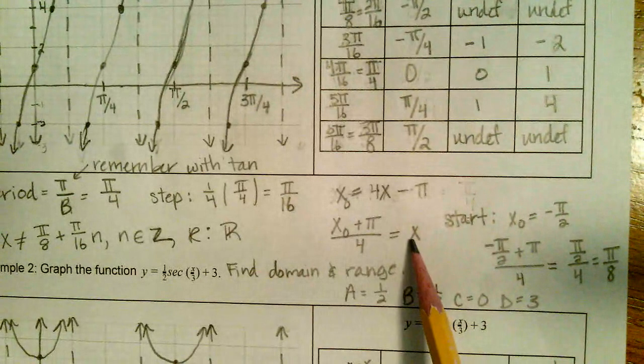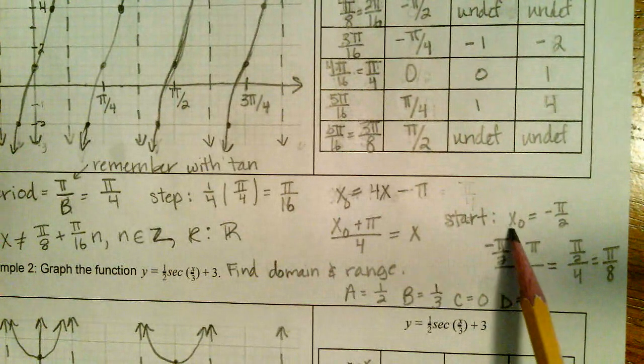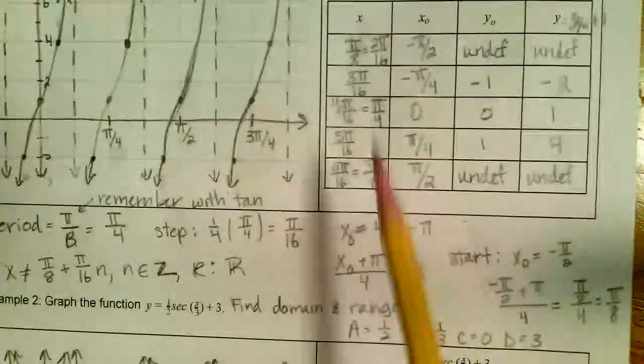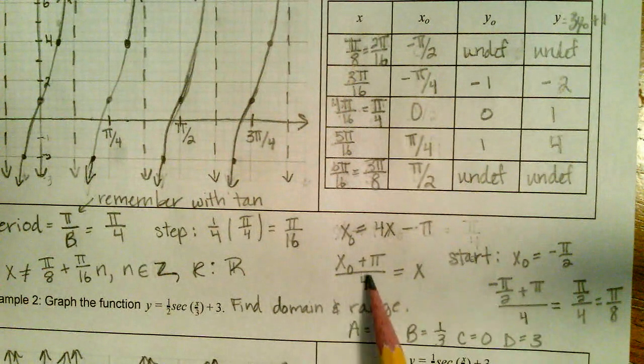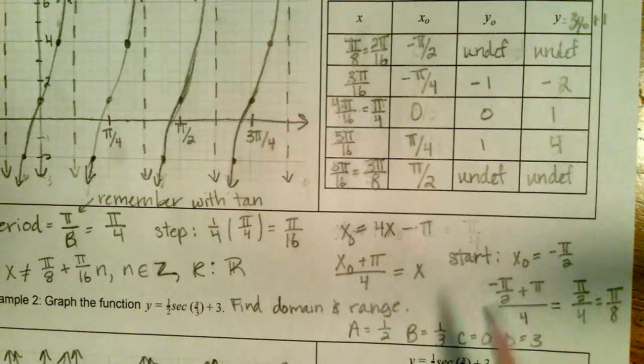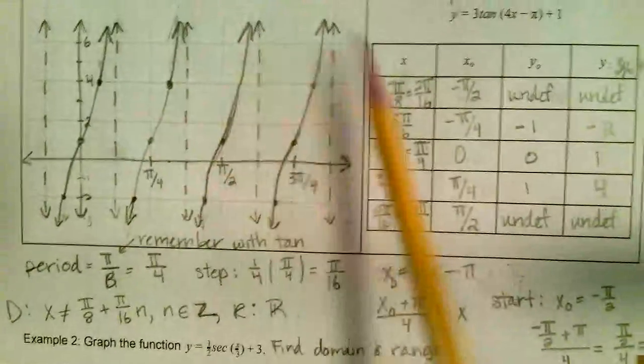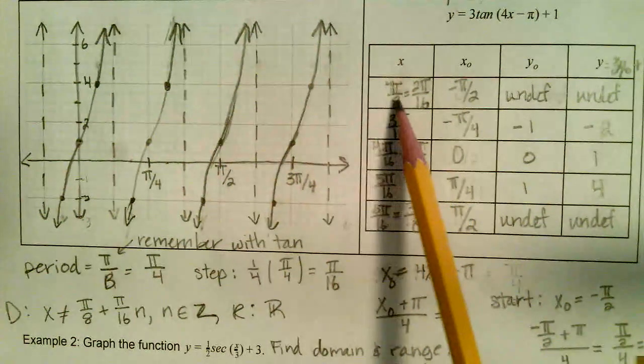I solve for x, and I look at my original start value in my table, which was negative pi over 2. So I plug that in for my x, and I see that my new start value is pi over 8.